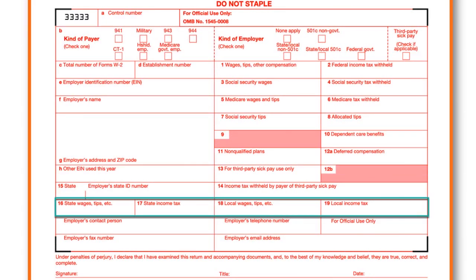Now let's move on. I want to talk to you about boxes 16 to 19. Here you are entering any state or local wages reported on W-2s submitted. This part of the form is pretty straightforward in terms of helping you identify what kind of information you enter for state wages, tips, etc. And you have to understand that your state wages might be different from your federal wages depending upon the specifics of your state.